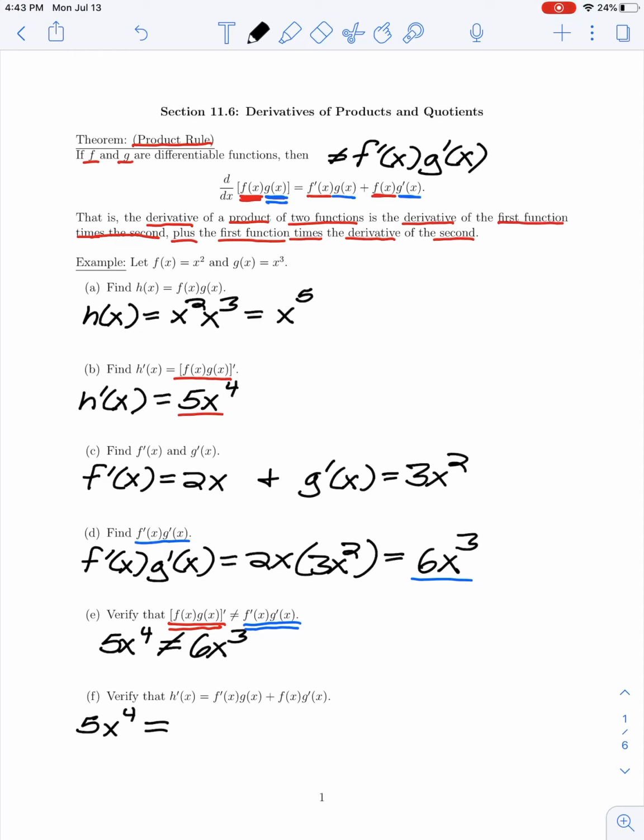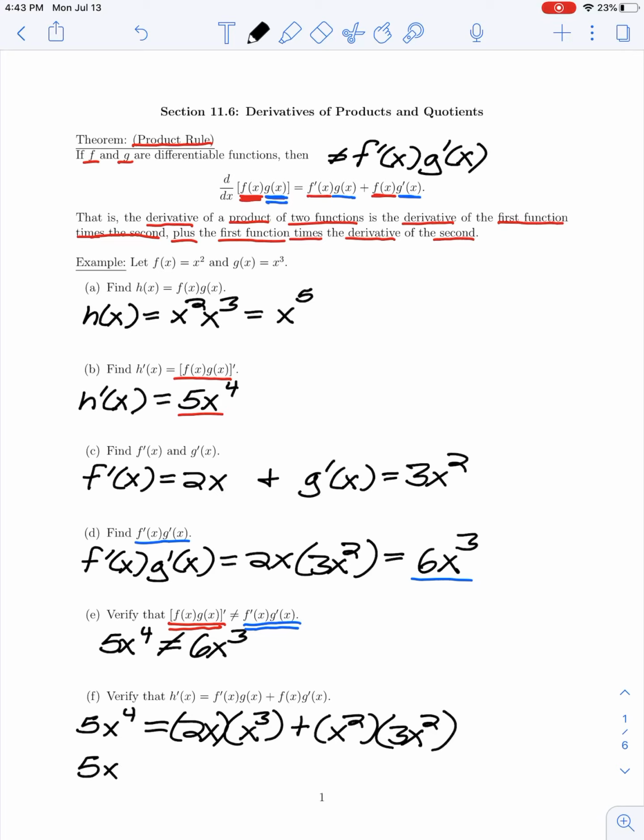prime. So taking the derivative of f, we had 2x times g of x, which is x cubed, plus f of x, which was x squared, times g prime of x, which was 3x squared.